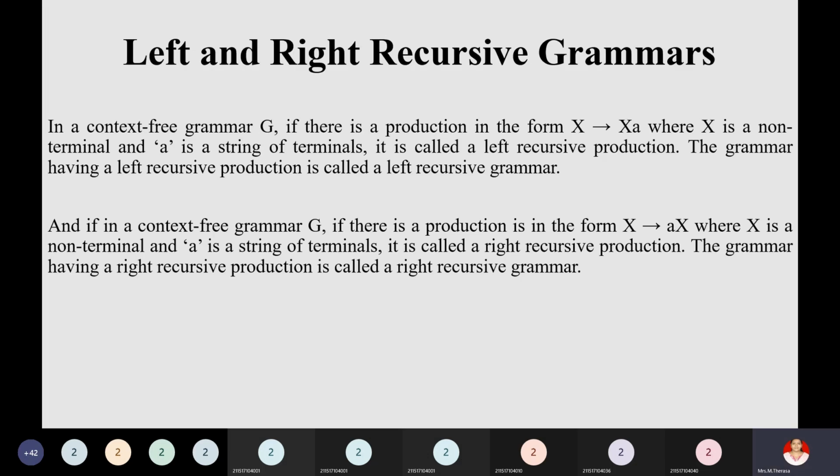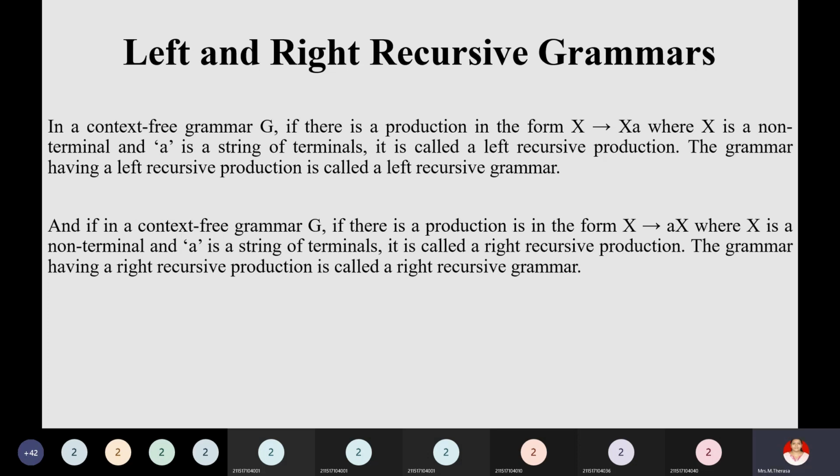Then there are two different recursive grammars, left recursive grammar and right recursive grammar. You call a grammar G a left recursive grammar if there is a production rule of the form X tends to Xa, where X is a non-terminal and a is a string of terminals. It is called left recursive production.